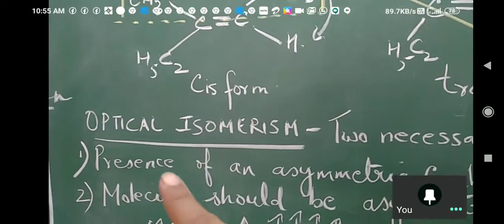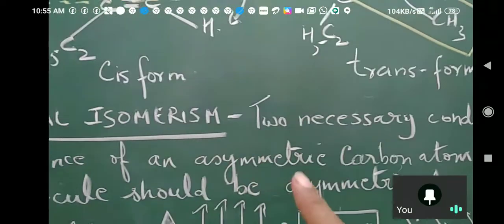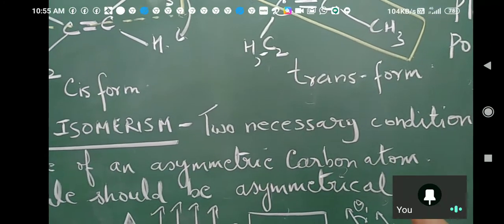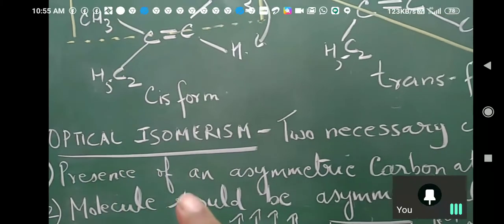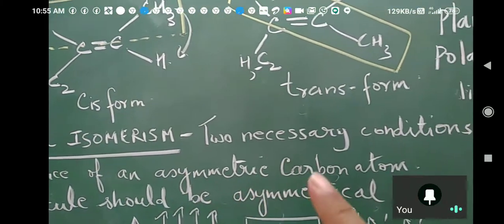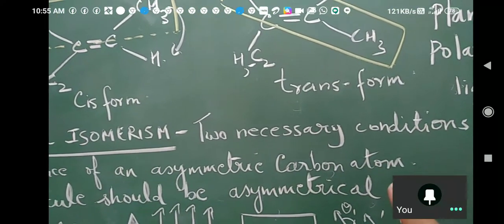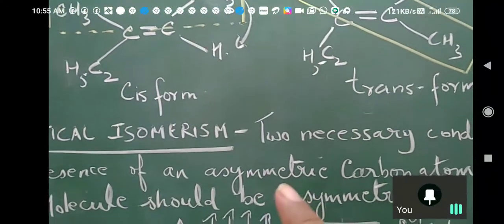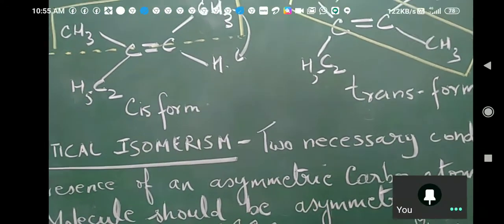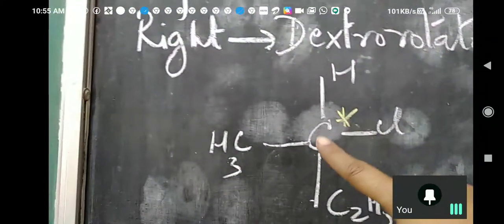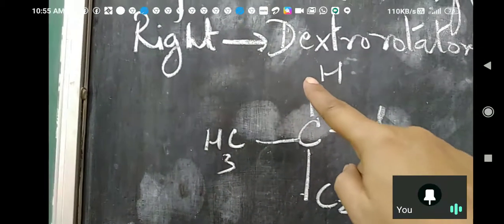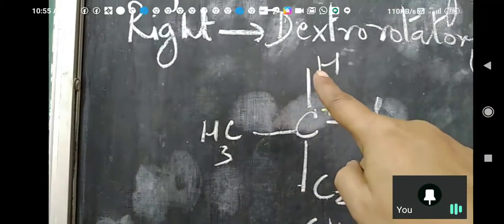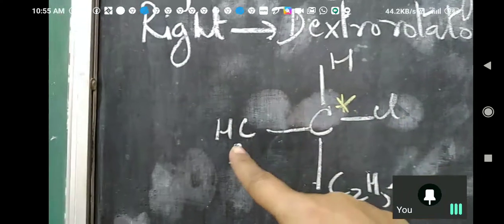What do you look around for? Number one, presence of an asymmetric carbon atom. What is this asymmetric carbon atom? A carbon atom, see, the example is here, a carbon atom whose all four valencies are satisfied by different atoms or groups of atoms.